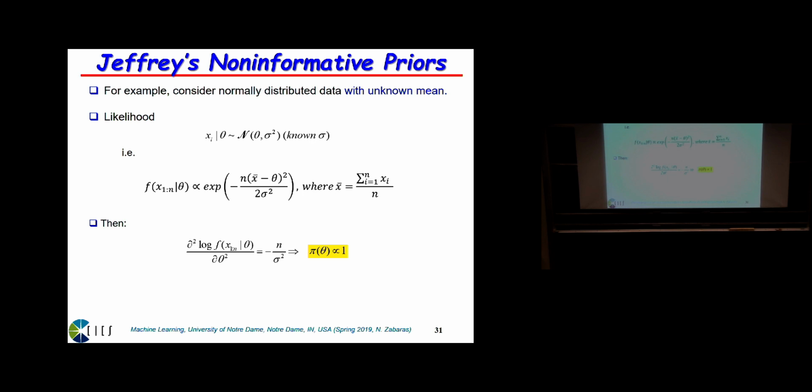So basically these location and scale invariant priors are really Jeffreys non-informative priors. That's from where they come. So pi of theta uniform is a Jeffreys non-informative prior for the mean. You can do the same thing for the variance.